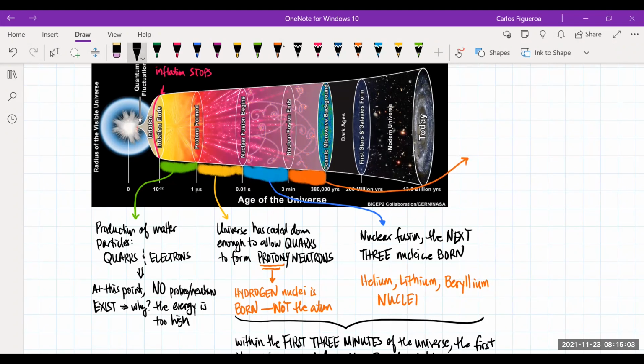And then here's the important point about the microwave background. From 3 minutes to 380,000 years after the Big Bang.